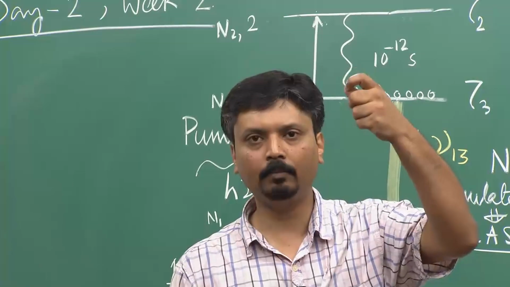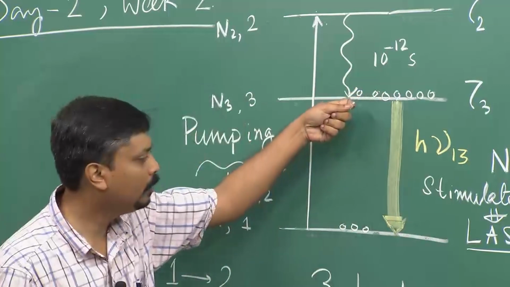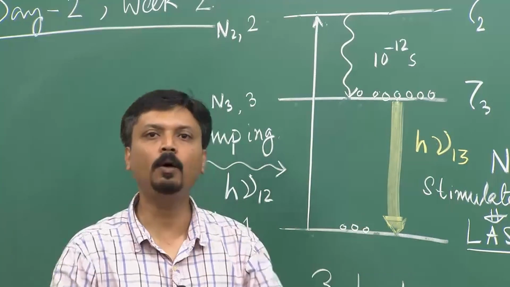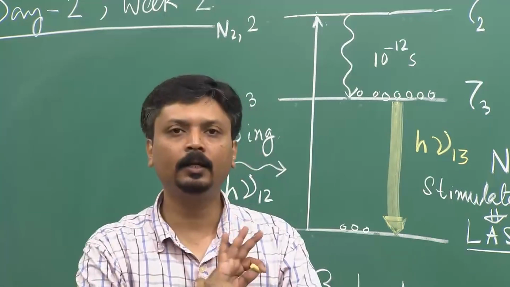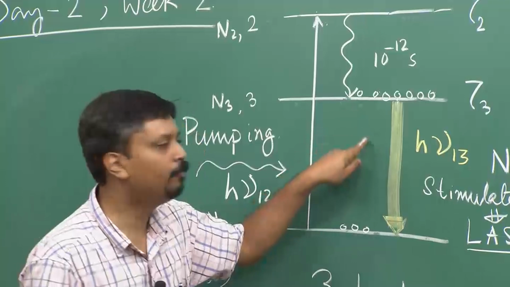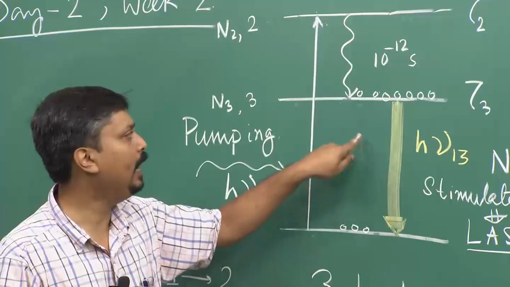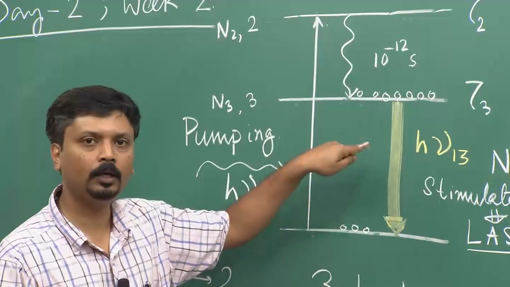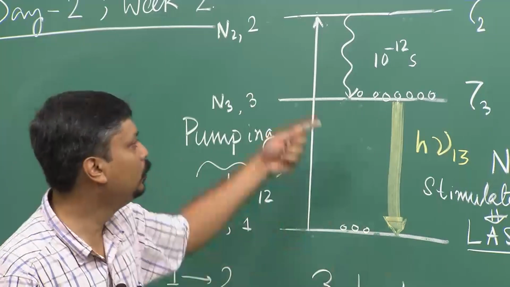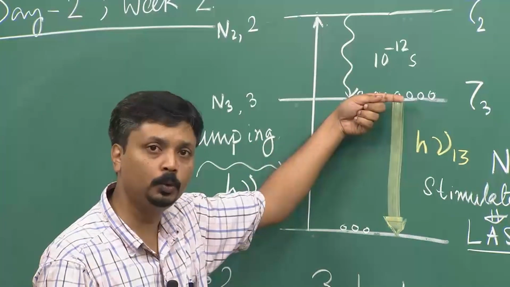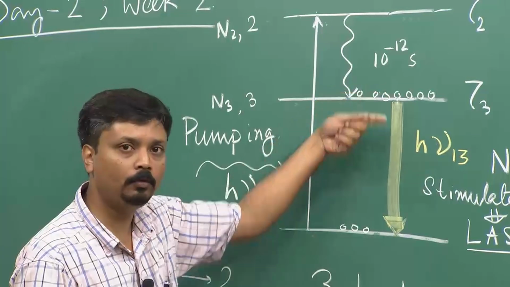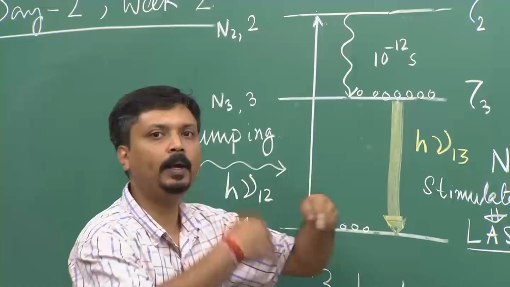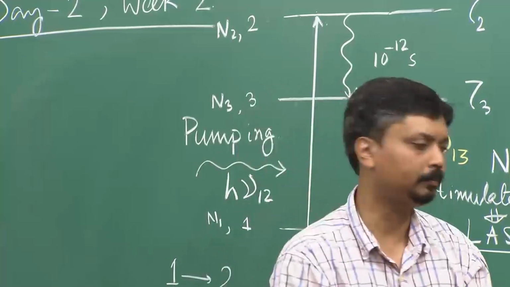So one atom in state 3 can just drop to state 1 by spontaneous emission without need of any external stimulant. Now that photon exists in the system, and that photon can interact with one of these excited atoms and bring it down, giving a total of 2 photons. Then those 2 photons can interact with another 2 excited atoms and bring down a total of 4, give 4 photons, and in that way it can keep going and going and going.